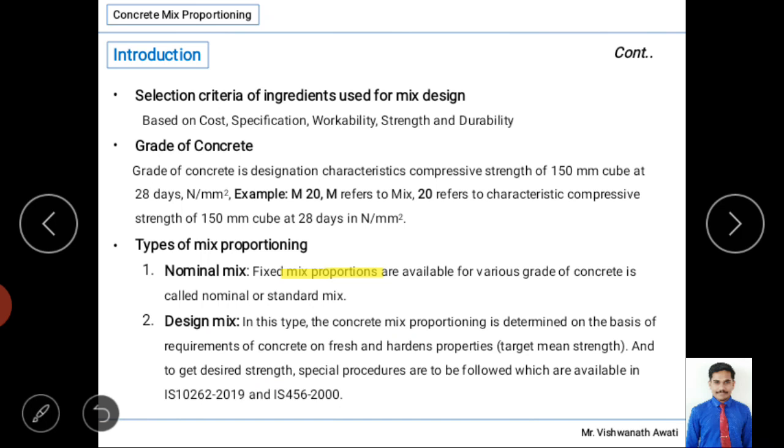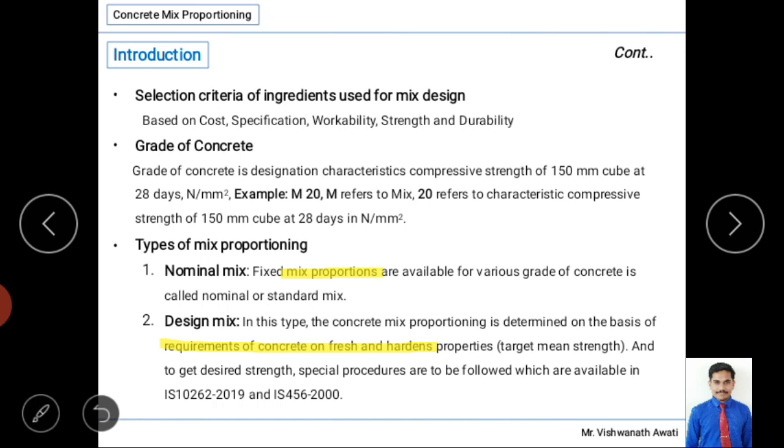Design mix. In this type, the concrete mix proportion is determined on the basis of the requirement of concrete in fresh and hardened properties. And to get the desired strength, a specific procedure has to be followed.